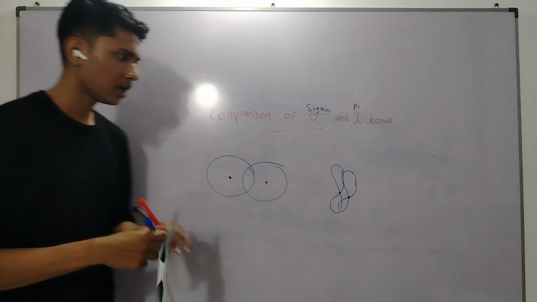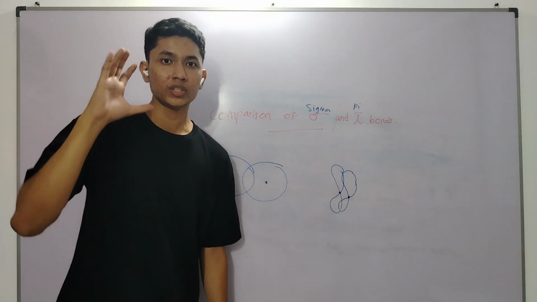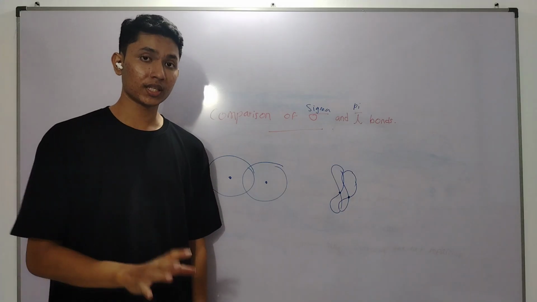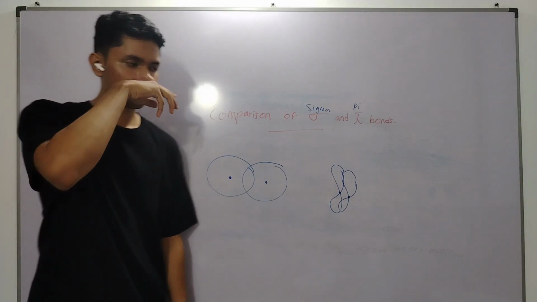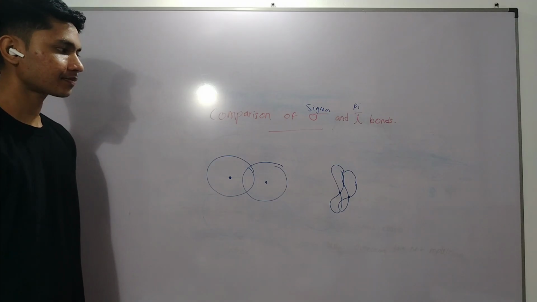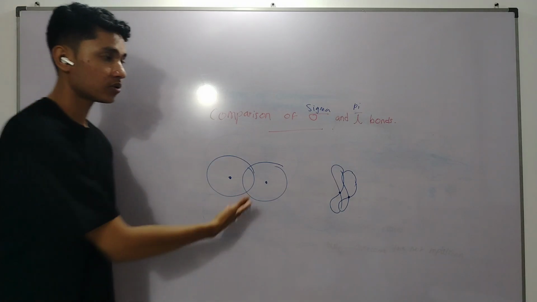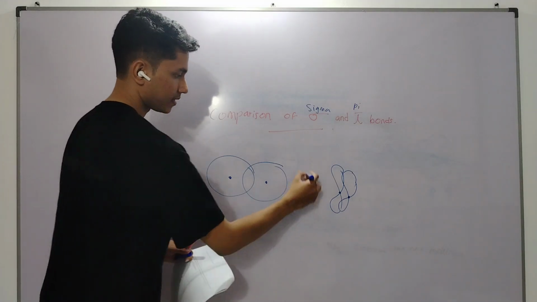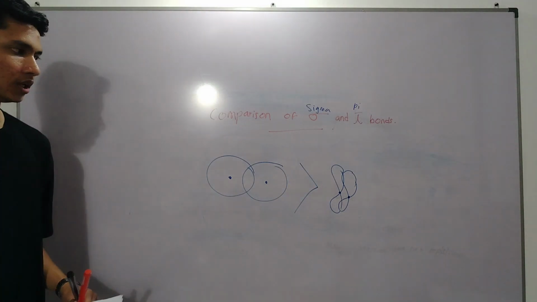Now, logically, which bond is stronger, this or this? Of course, sigma bonds are stronger. Why?